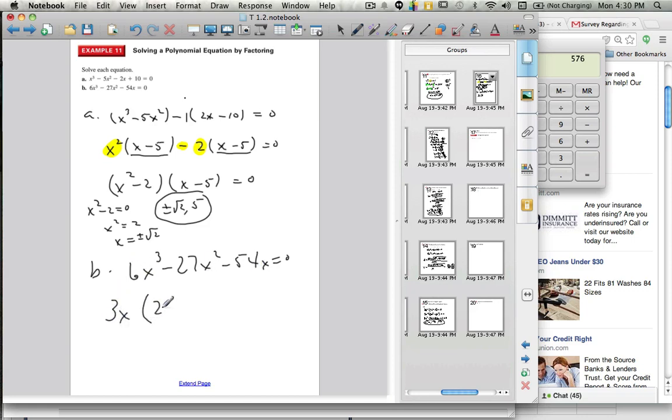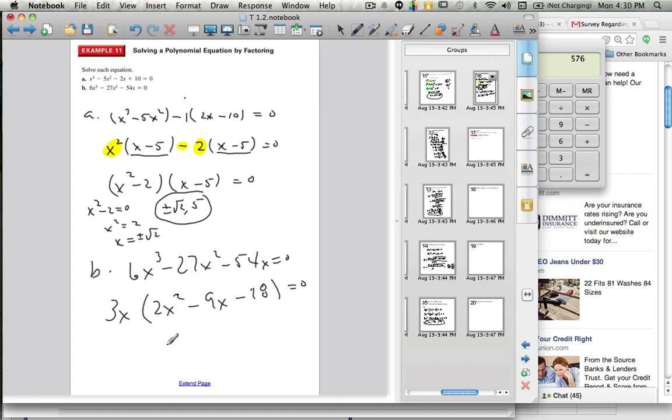So I'll have 2x squared, and I'll have 9x, and I'll have minus 20. Now when I factor a 3 out of 54, I get 18. Equals 0.